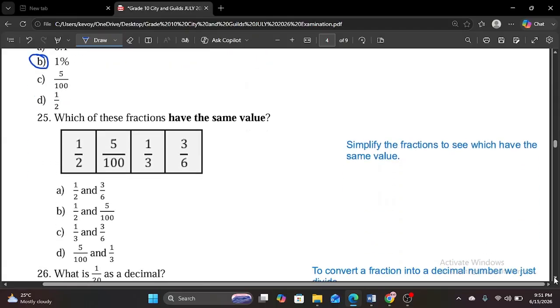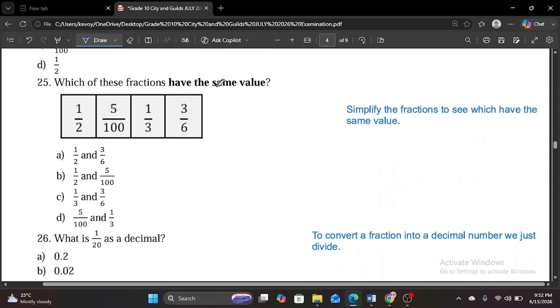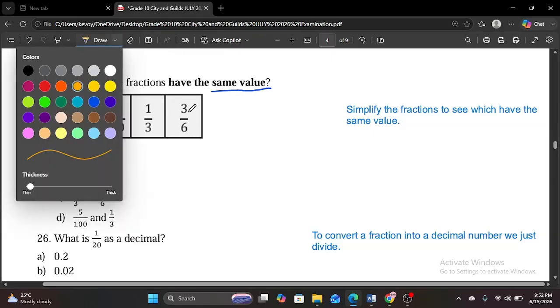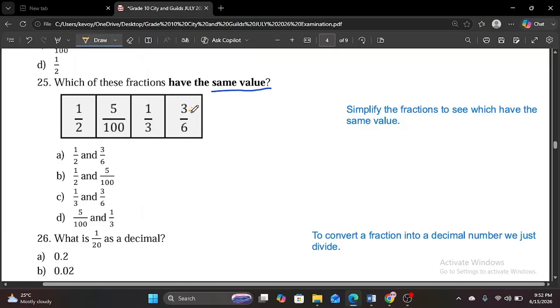Moving on to question 25. Which of these fractions have the same value? If we want to know which fractions have the same value, we have to simplify. So we simplify the fractions to see which have the same value. Let's look at this one right here. What number can divide the bottom and the top without leaving a remainder? That's going to be me dividing both the bottom and the top by 3.